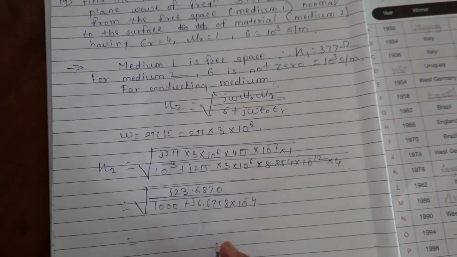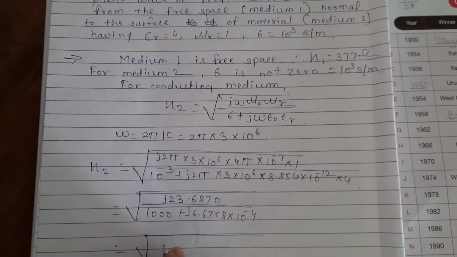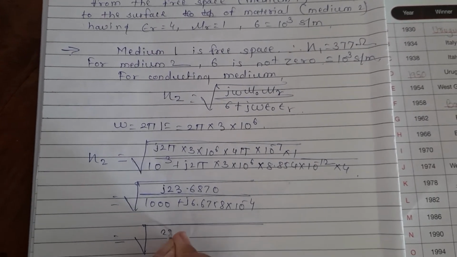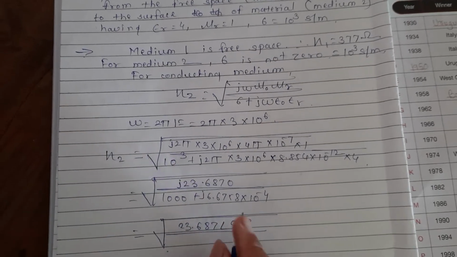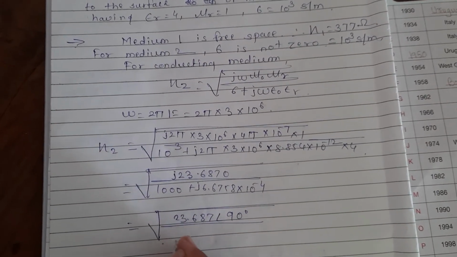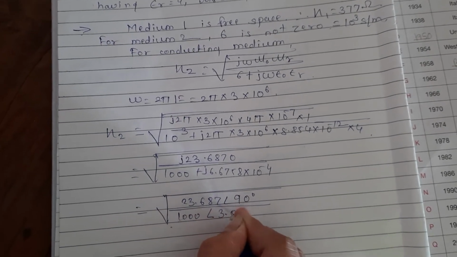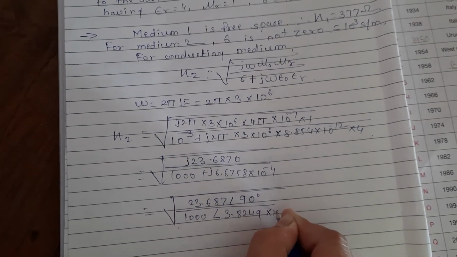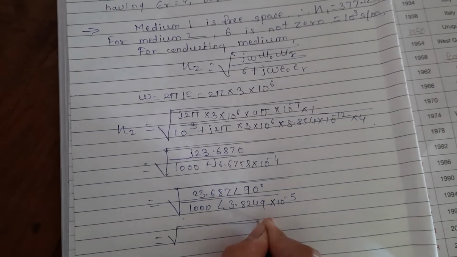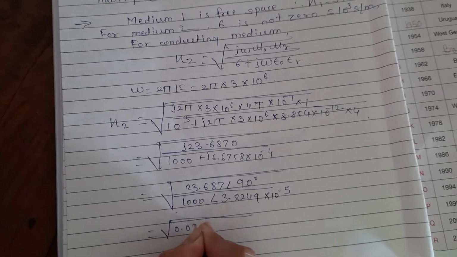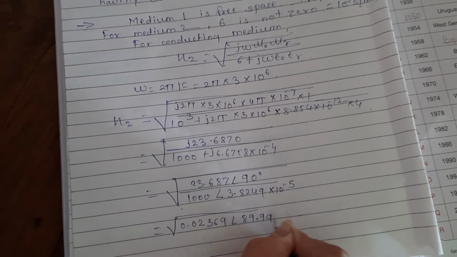Now we have to convert these values into angular form. So this is 0.02369 angle 89.99 degree.